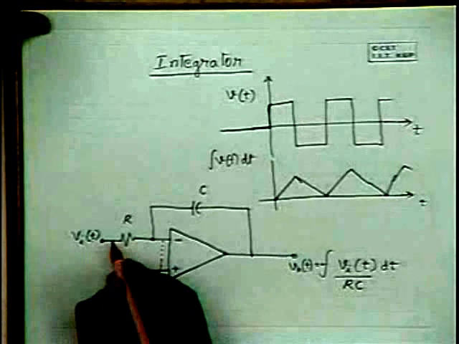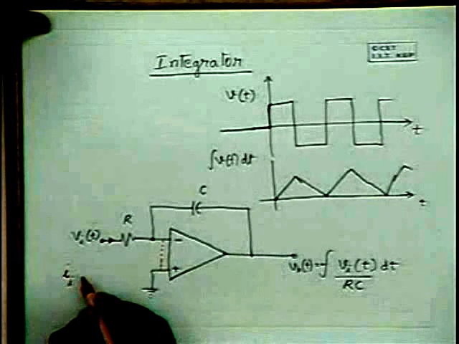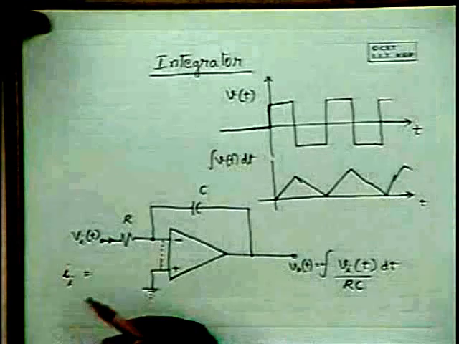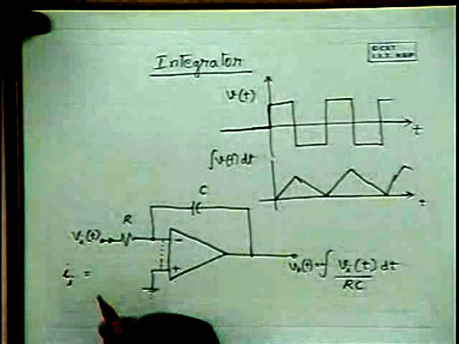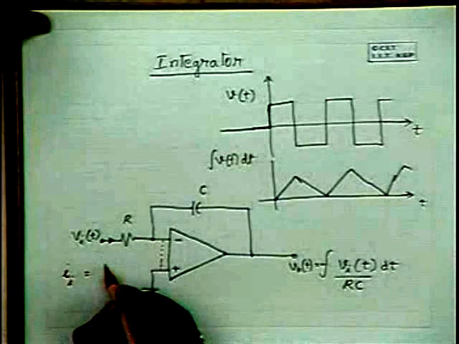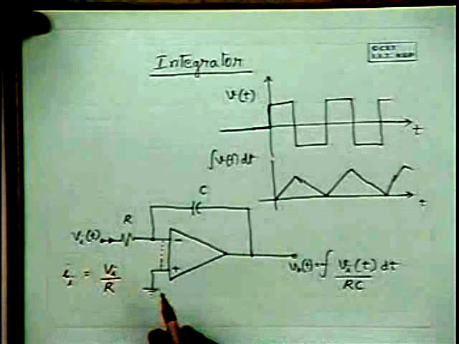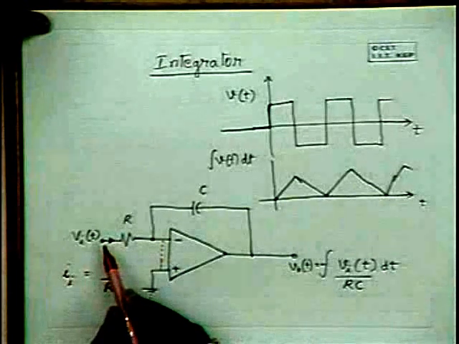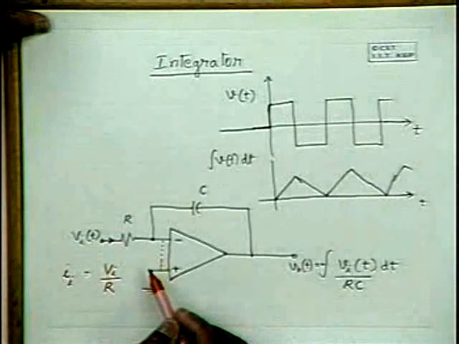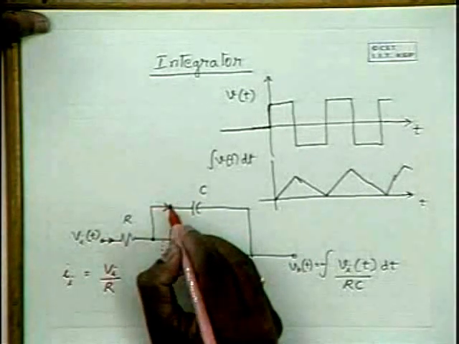Hence, the current that flows through the circuit, which is a time function, I'm not showing it explicitly, can be obtained as Vi divided by R according to Ohm's law, because that is the voltage applied across the resistance since the other end is 0. Now the same current flows through the capacitance also.